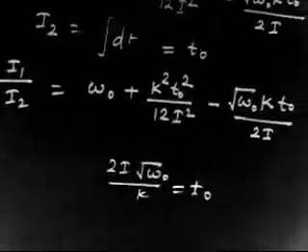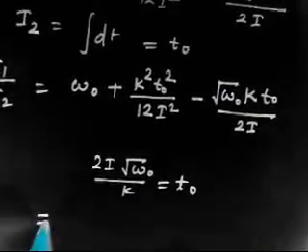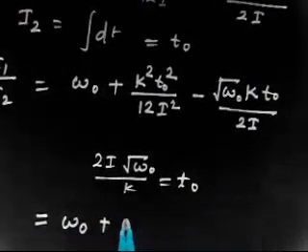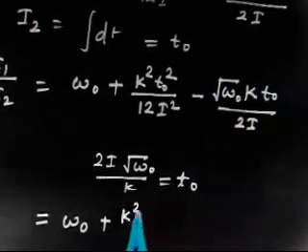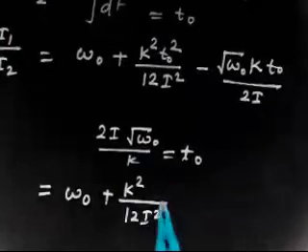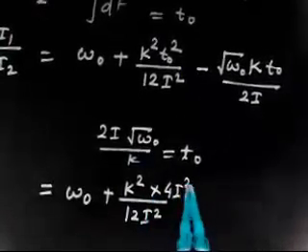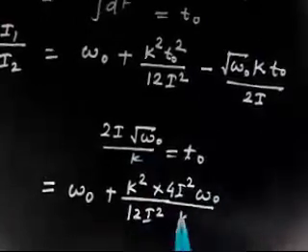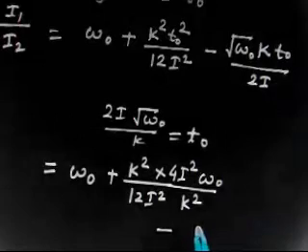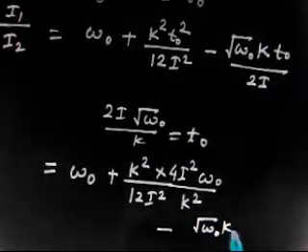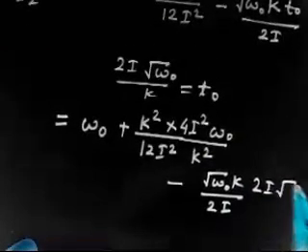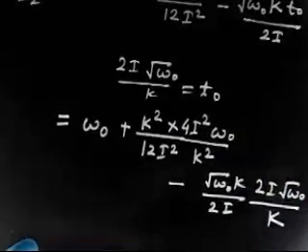If I plug in the value of t naught, the first term is simply omega naught, and the second term will be k square by 12I square into t square, which will be 4I square omega naught by k square, and minus you will have under root omega naught k by 2I into t naught, which is 2I under root omega naught by k. Are you getting or not?